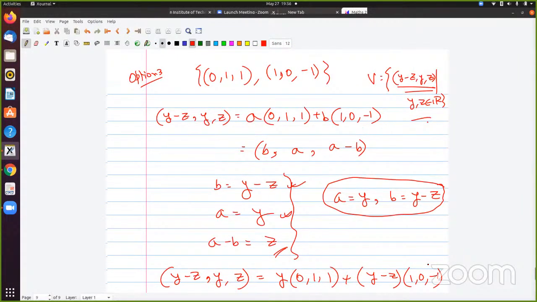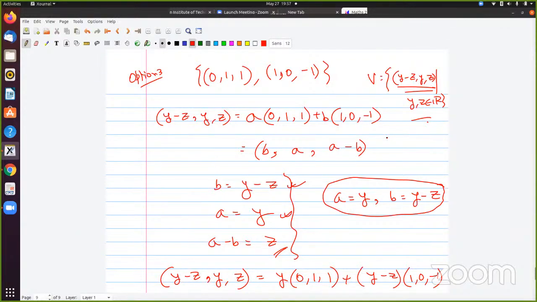I will tell you, not today, maybe tomorrow, that this vector space has dimension 2. And if it has dimension 2 and there is a set of linearly independent vectors with cardinality 2, then that set must be the spanning set, because that is a basis. So that I will explain tomorrow, but for today we can directly see it at least.